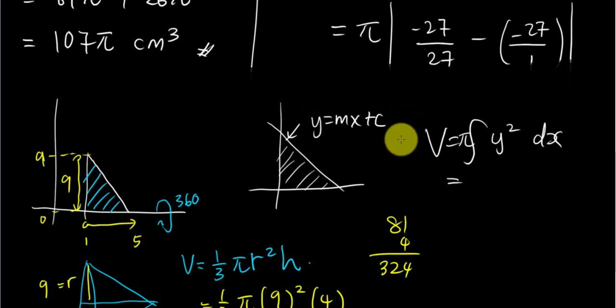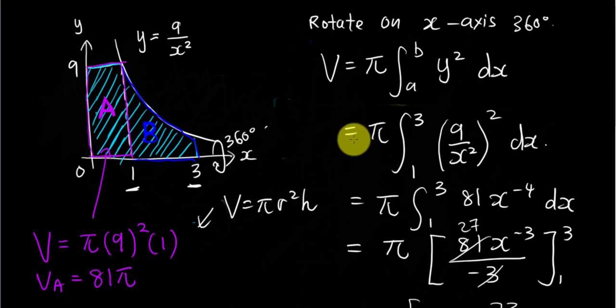That means you substitute your y here and then you square it. But normally for a triangle rotated 360 degrees, I will use the cone formula, which is faster and easier. But I just want to let you know, you can integrate the straight line as well. If you have the equation of the straight line, you will get the same value as when you use the cone formula. Alright, this is just a very short video to explain how to do the volume for a rectangle, triangle, the curve and the straight line.